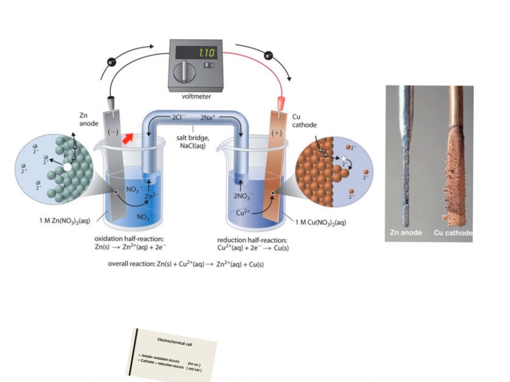Although almost the same redox reaction takes place, the energy conversion is different, because we have separated these two systems, so we can make the electrons flow out of these metals. Electron flow means it will create electricity, so we can use this electricity, right? So that is called the galvanic cell.